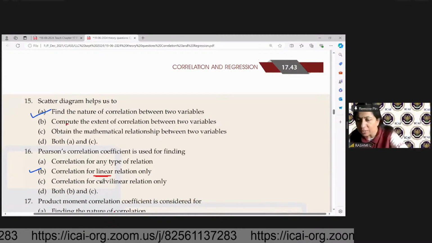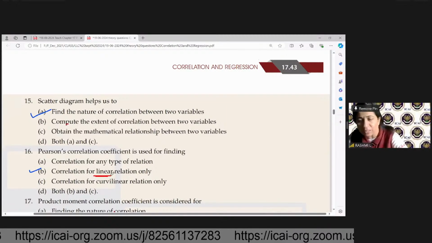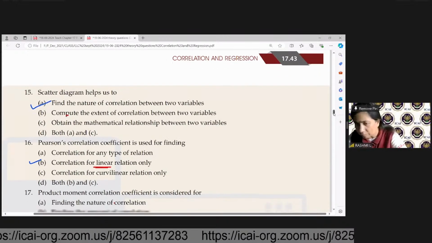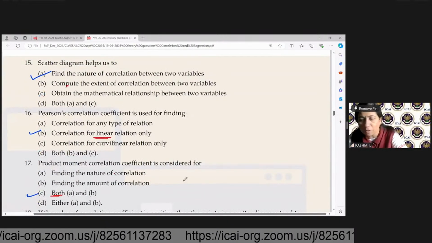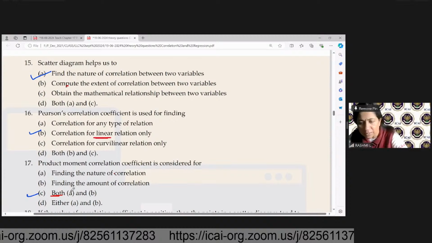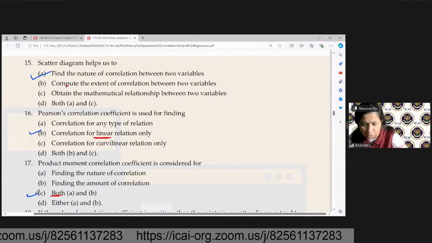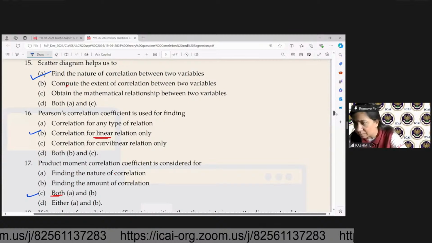Pearson's correlation coefficient is used for finding correlation for linear relationship only. Okay. Product moment correlation coefficient is considered for finding the nature of correlation and the amount of correlation both. So C will be the answer.